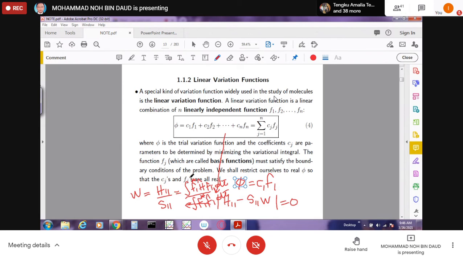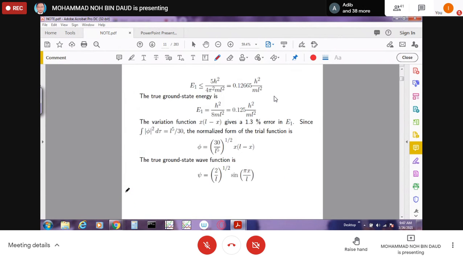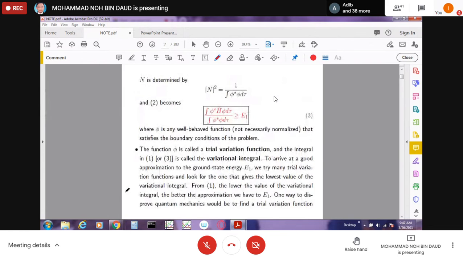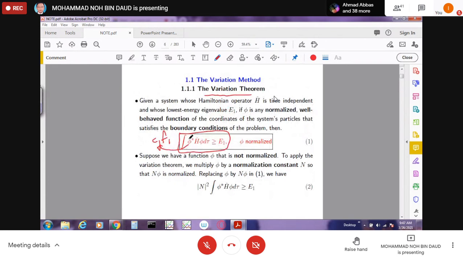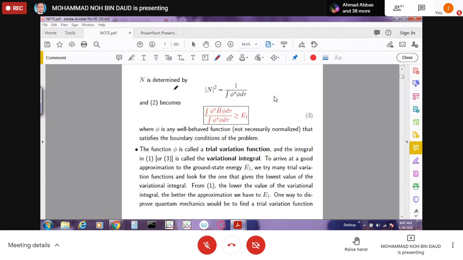Okay, so here we only have one basis function. This formula can be compared with this one, for the unnormalized functions. So this is our W, the approximate energy, which must be greater or equal to the true energy.